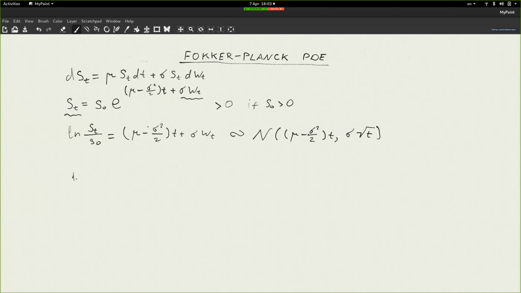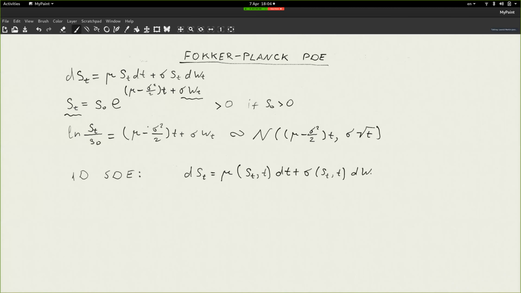looks like dS_t being equal to some function mu, not necessarily a constant, but some function mu of S_t and t, times dt, plus some function sigma of S_t and t, times dW_t.